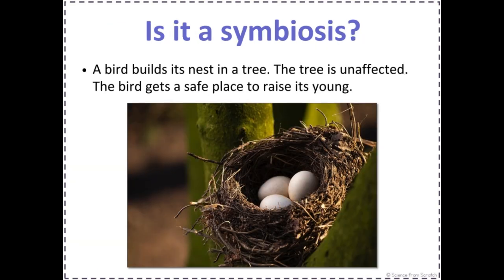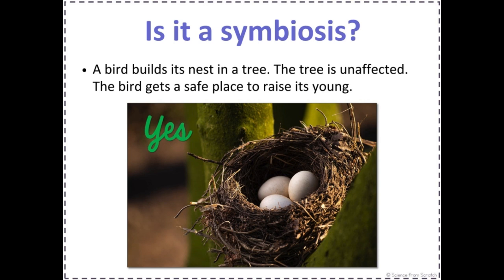So, is this symbiosis? A bird builds a nest in the tree. The tree is unaffected, but the bird gets a safe place to raise its young. Is this symbiotic? Is there one species benefiting from this relationship? Yes, there is. The tree is this one species and the bird is the other species.